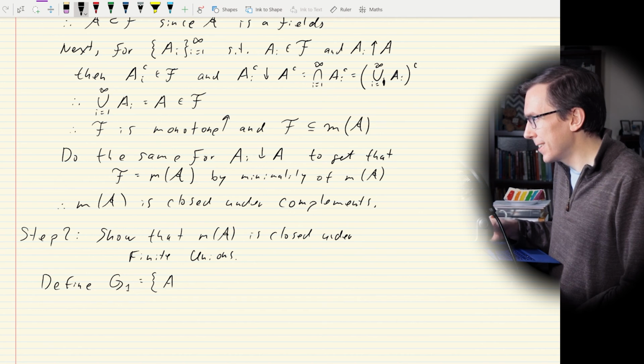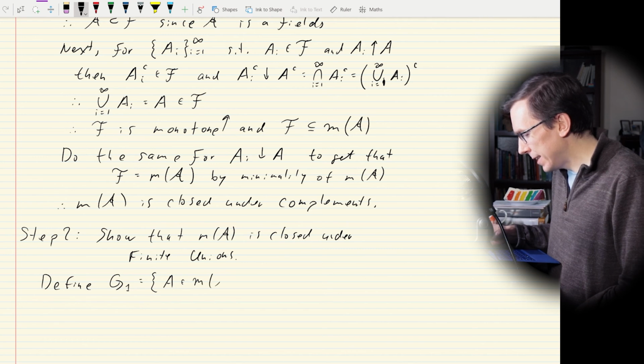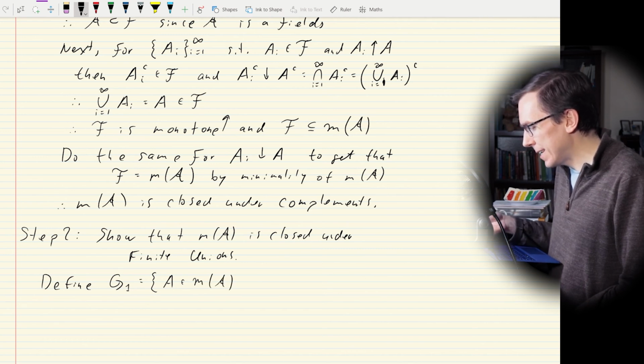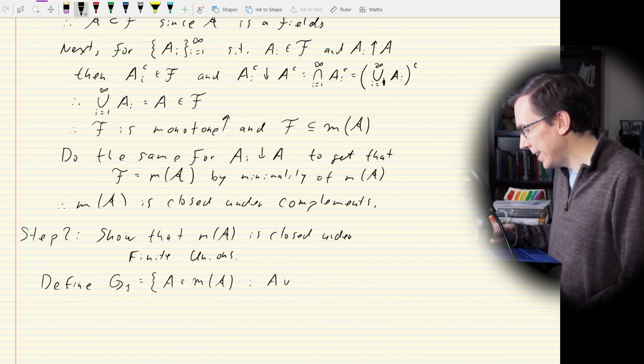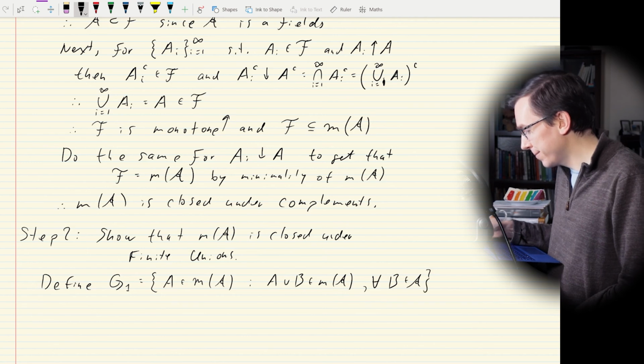It was either that or the uniqueness in Dynkin's pi-lambda theorem. Anyway, G1 is going to be the set of A in MA, the minimal monotone class, such that A union B is also going to be in MA, for all B in script A, the field.